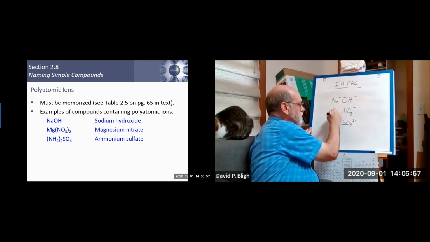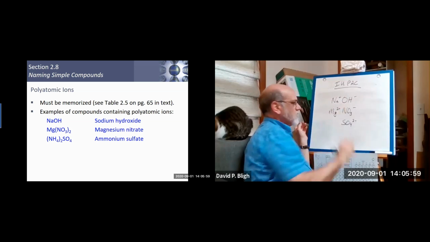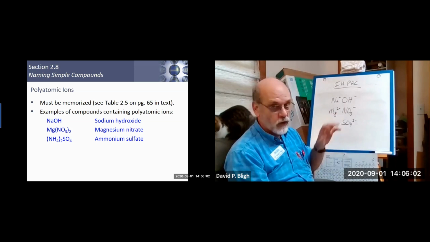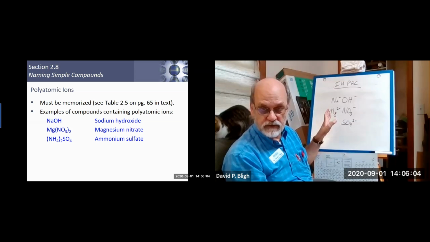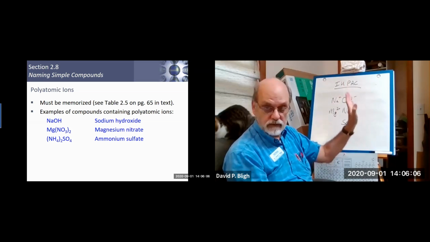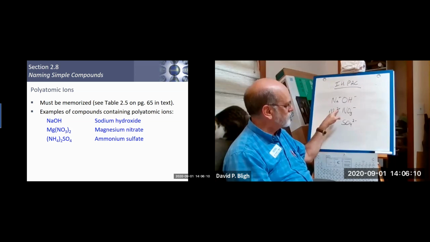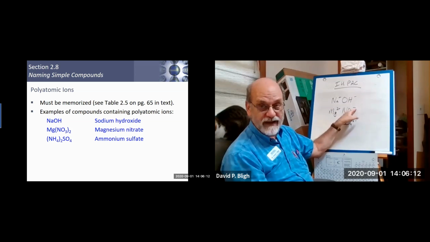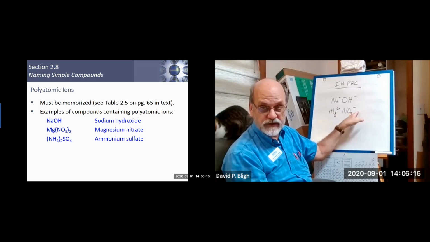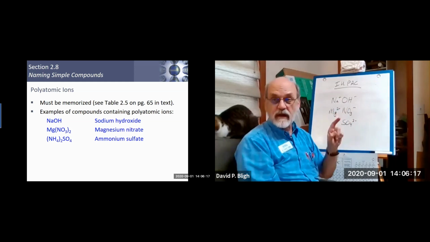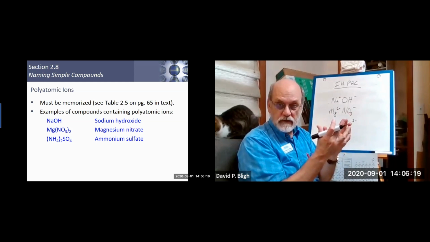For this one, that's an alkaline earth metal. It can only have 1 charge, and that's a 2 plus. It's in the second column. 2 plus. So in order to balance minuses with pluses, we need 2 of these, don't we? But remember I said this charge is for the whole unit.